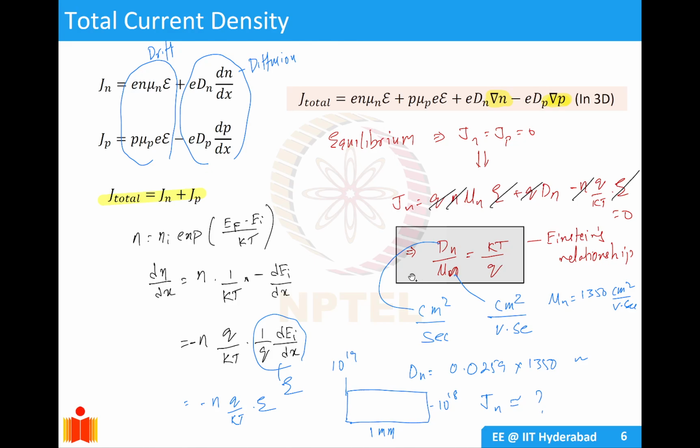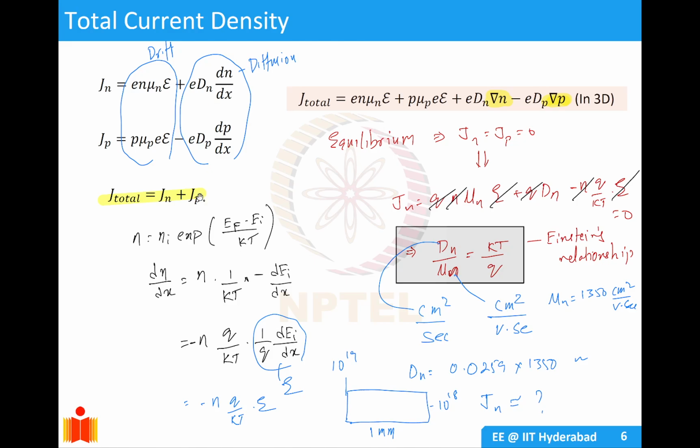From here you can calculate the diffusion coefficient in terms of mobility, and you can also calculate del n by del x in terms of electric field using the formula. So you have n equals ni exponential (EF minus Ei) by kT.